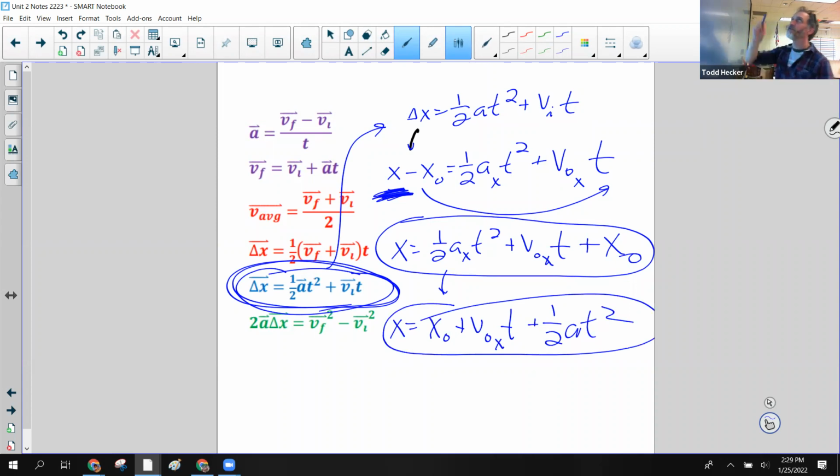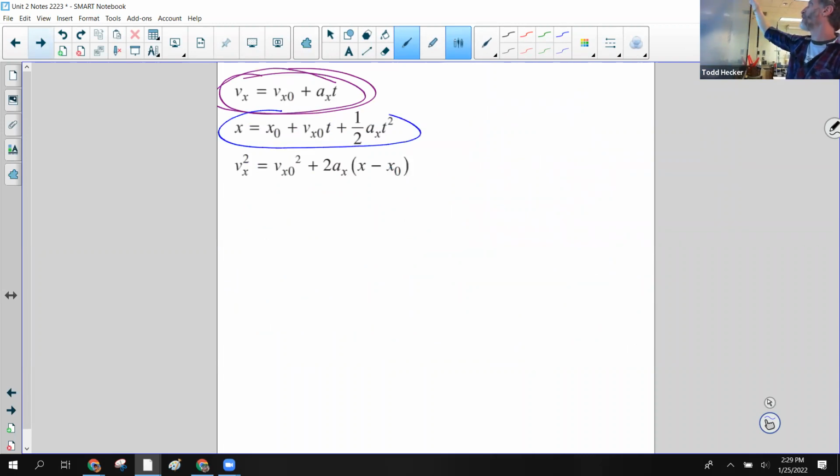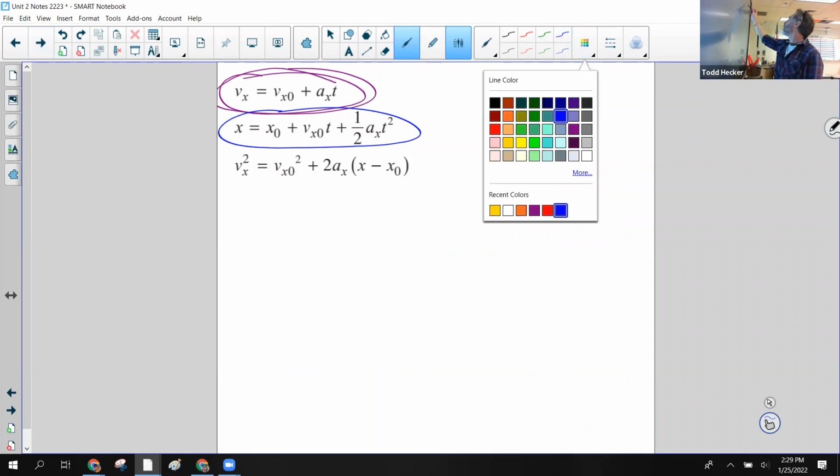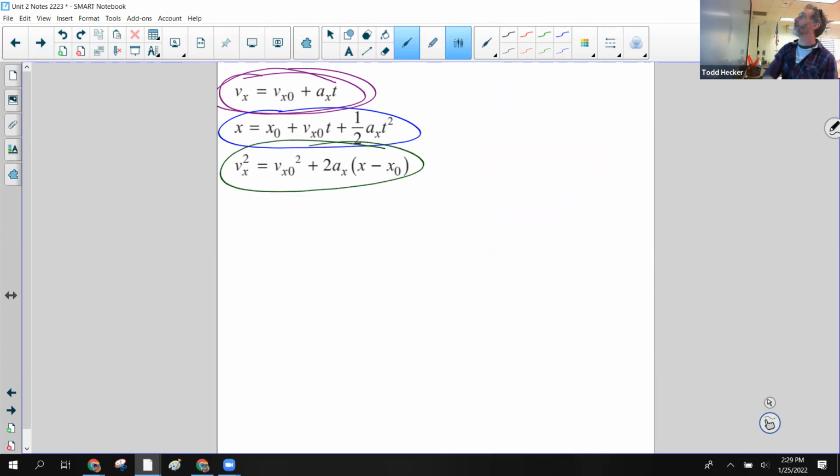So that is where this equation comes from. It's the same as the blue equation on your honors physics sheet. Finally, this last one down here is actually the green equation. Let me show you that now.